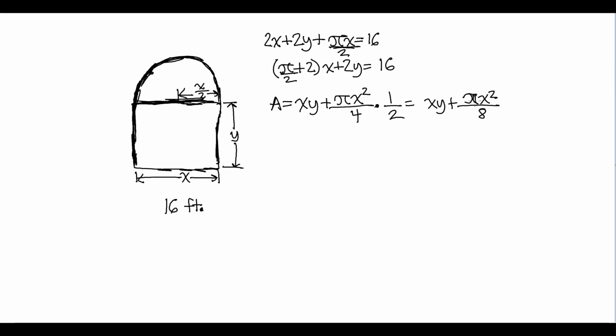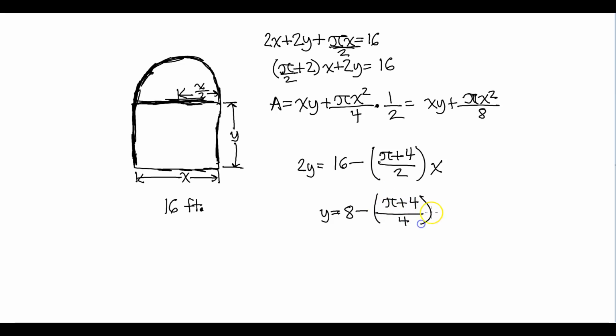Well, we have 2y equals 16 minus pi plus 4 over 2, I'm just combining that little fraction term over there. And we get y equals 8 minus pi plus 4 over 4 x.